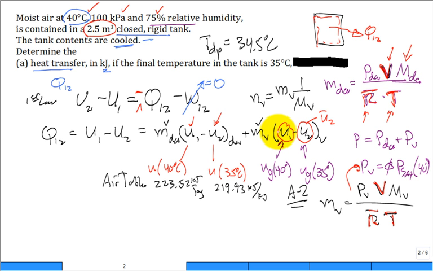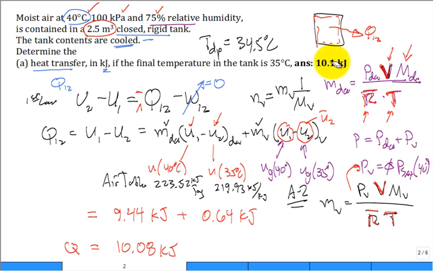When you run the numbers, what we find is that the first term is 9.44 kilojoules of energy, and the second term is 0.64 kilojoules of energy. When they combine, we find that Q is equal to 10.08 kilojoules, about 10.1 kilojoules.